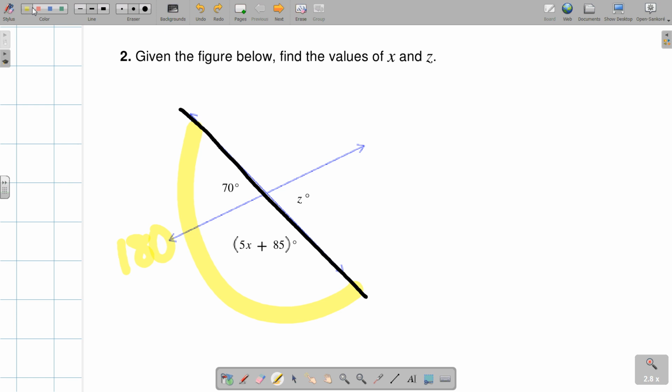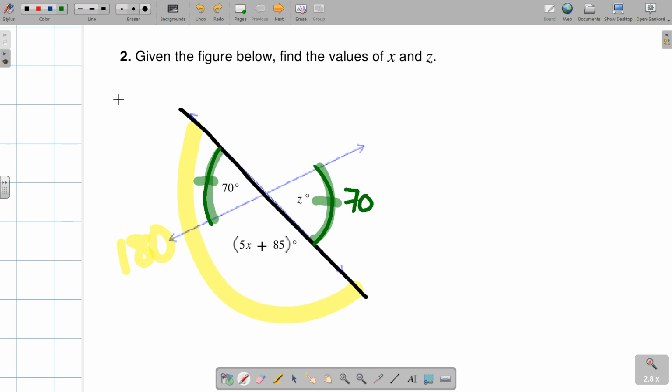The second thing that's going to help you out here is the fact that these vertical angles, whatever they are, are congruent. So if we were to solve for the variables here, we see that angle Z is going to have to be exactly the same as the vertical angle. That's 70.